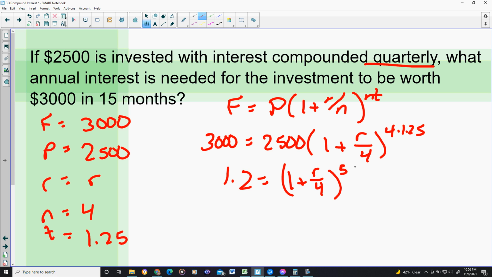Okay, so now we have to solve for r. How do we solve for r when we have an exponent? Remember that just like our problems in the first unit, we use an exponent of 1/5. This will create decimals. That's okay. So we're going to do 1.2 to the 1/5 power.